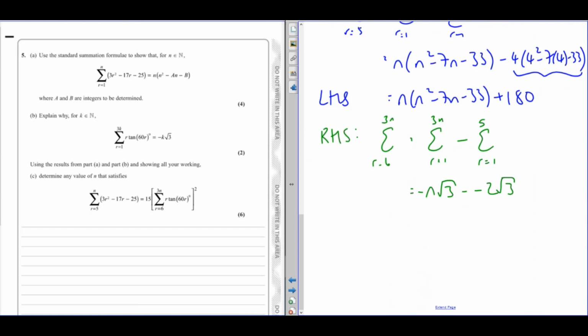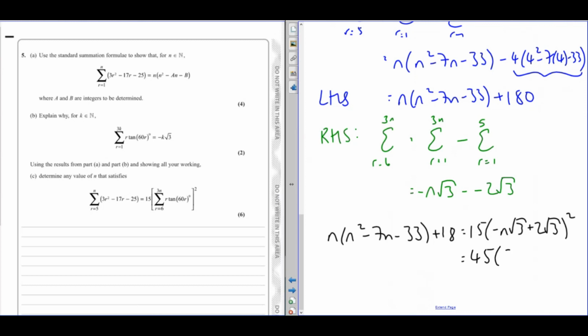Let's put all this together now. So the left-hand side we said is n over 2 times n squared minus 7n minus 33 plus 180. The right-hand side is 15 times this squared. 15 times minus n root 3 plus 2 root 3 squared. In fact, I could factorize the 3 out and square it.